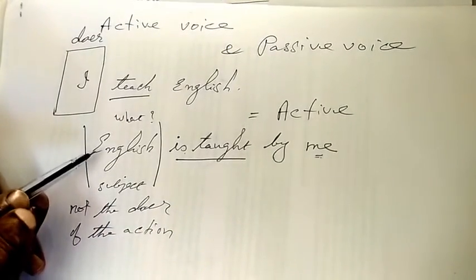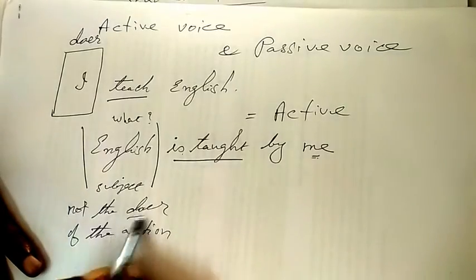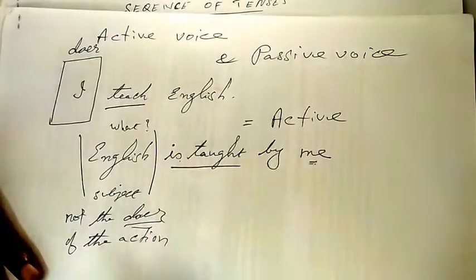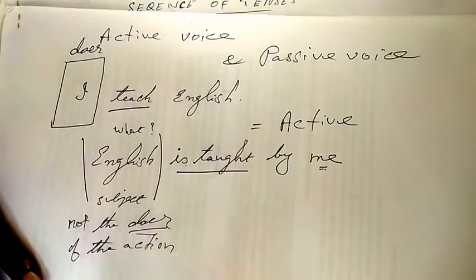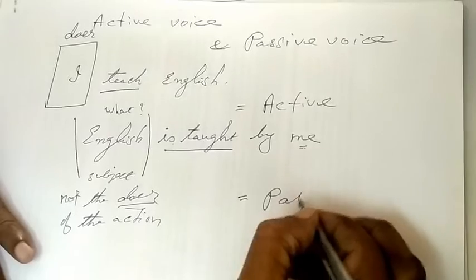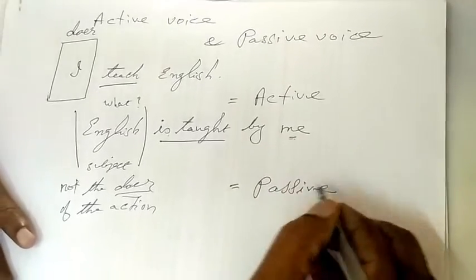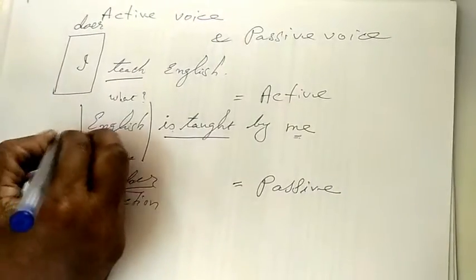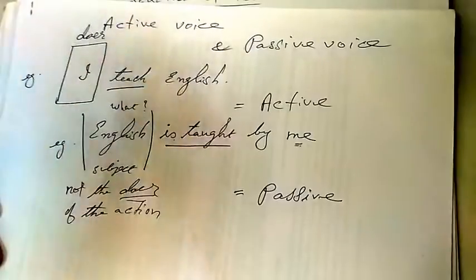The subject English is not the doer of the action teaching. It is somewhere else. If the subject is not the doer, you call it passive. Then you will say this sentence is in passive voice.